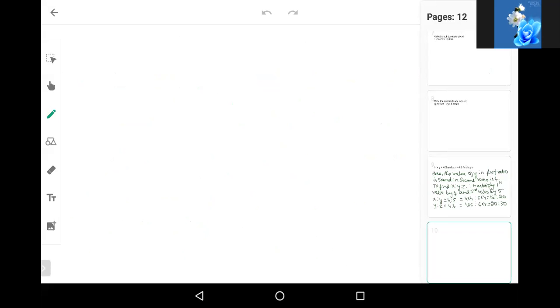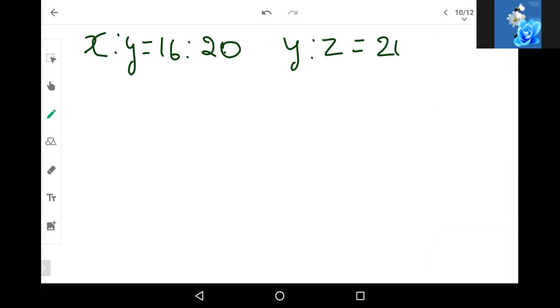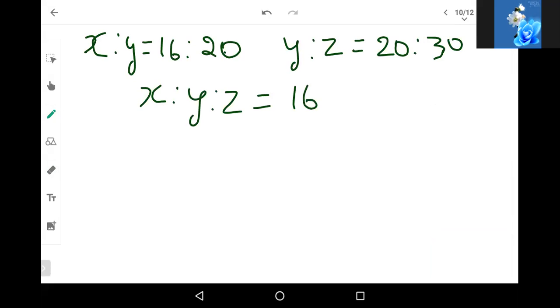Now what we are supposed to do? x is to y is 16 is to 20 and y is to z is 20 is to 30. Since the value of y is the same, x is to y is to z is nothing but 16 is to 20 is to 30.